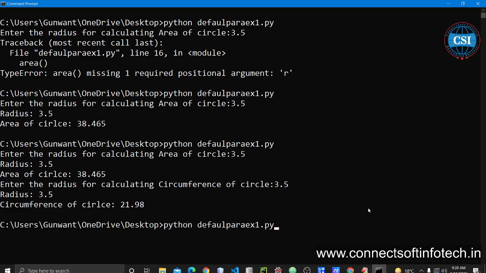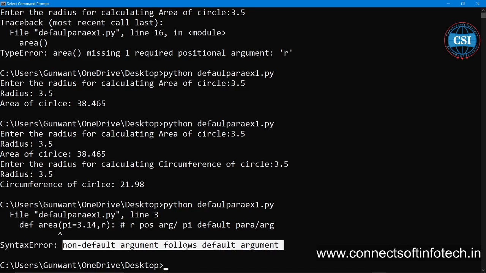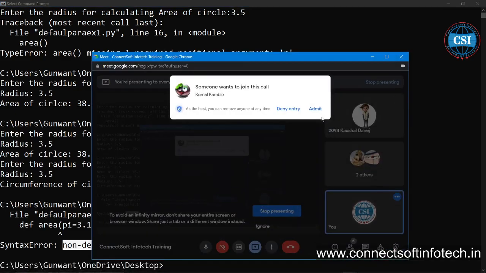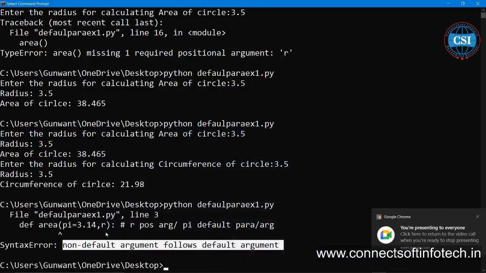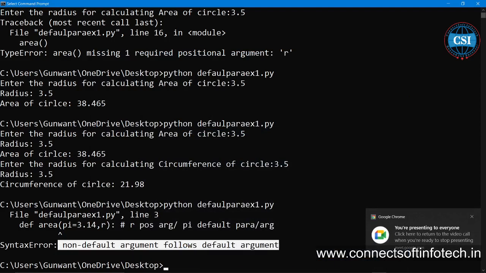So what is the error? Non-default argument follows the default argument. So that is the error.